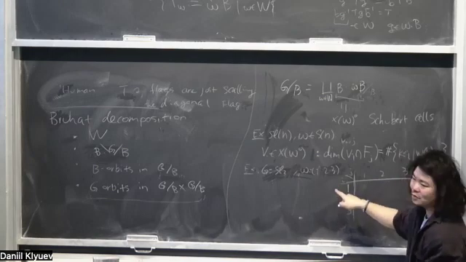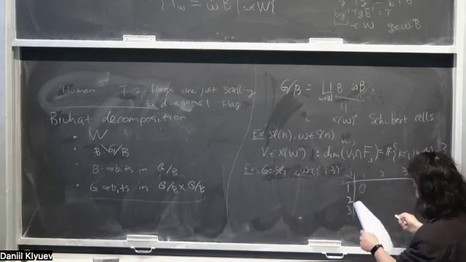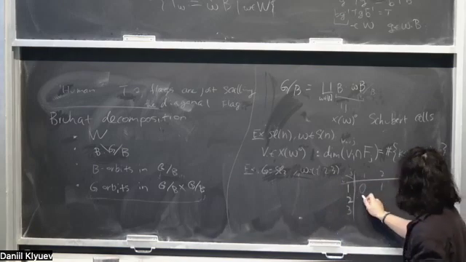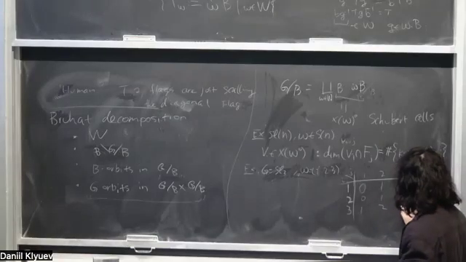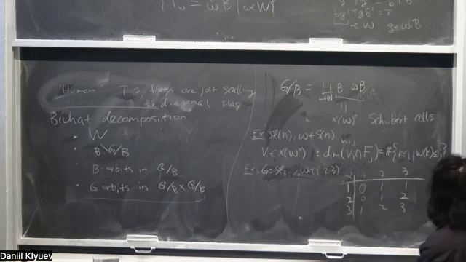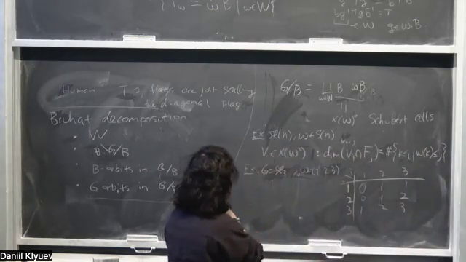Well, 1 maps to 2, so there's 0. And then you just fill it in. I think it should be something like this. The last one is always going to be 1, 2, 3. This should be correct.